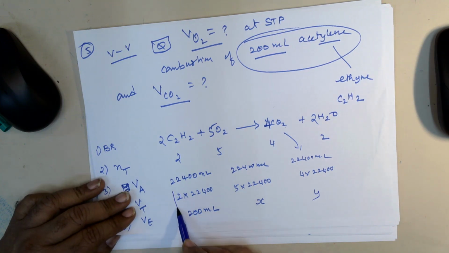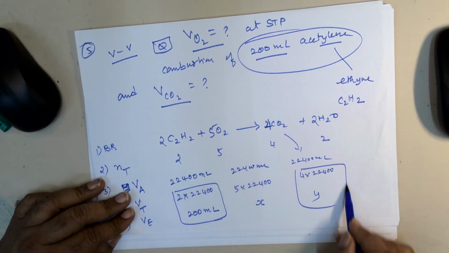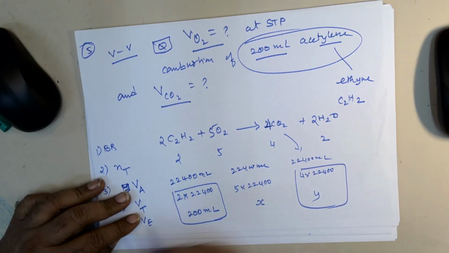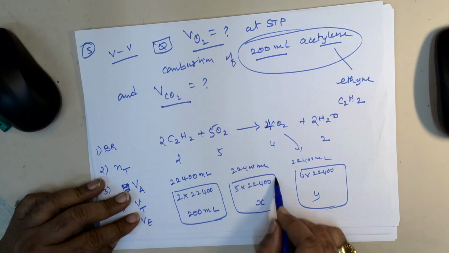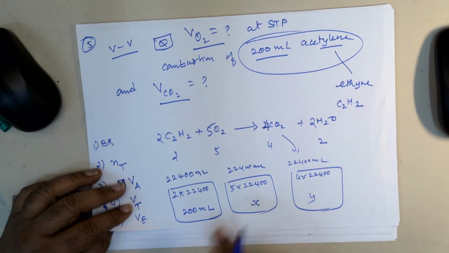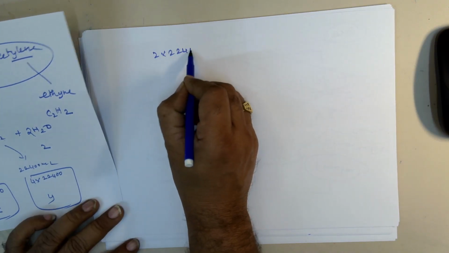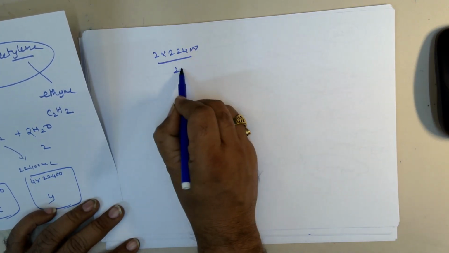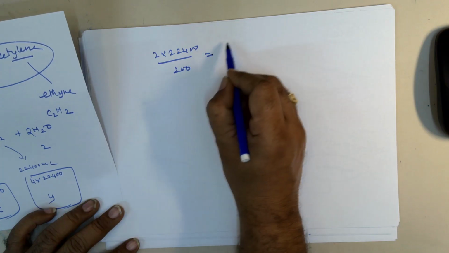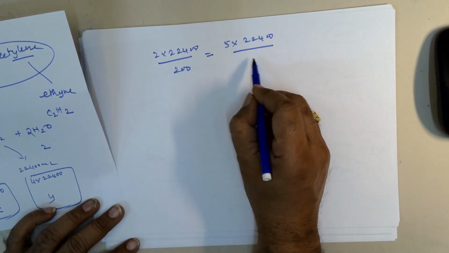That is this divided by this. These two ratios will be equal, and again these two ratios will be equal. So you can do 2 into 22,400 divided by 200 is equal to 5 into 22,400 divided by x.